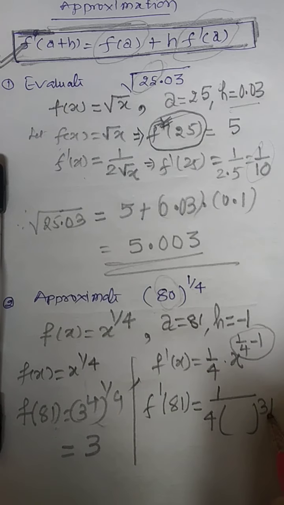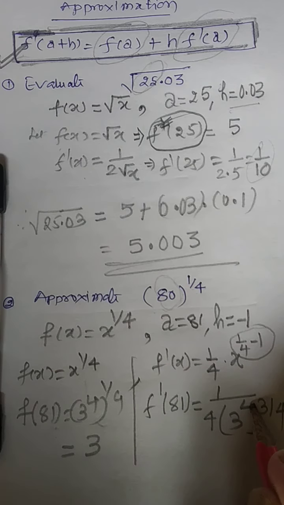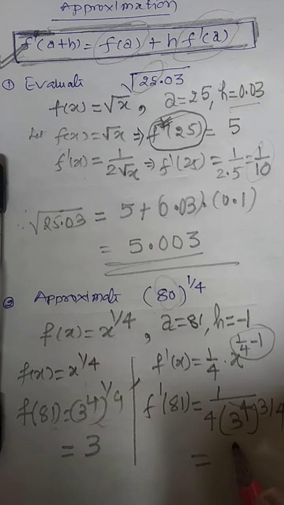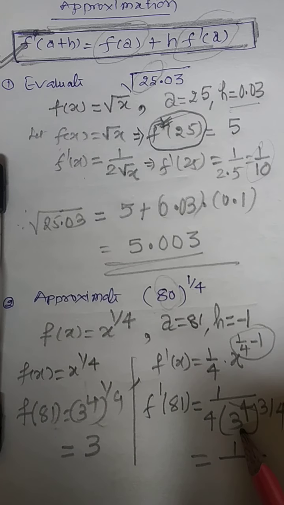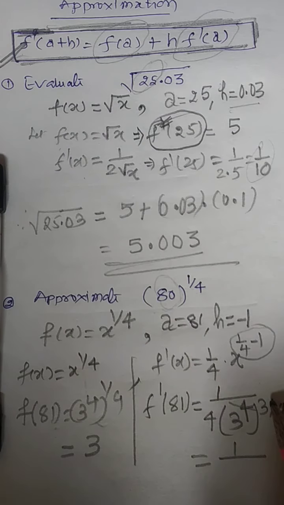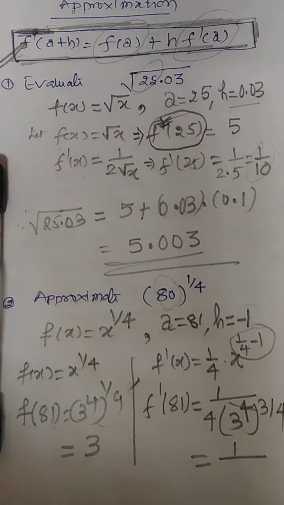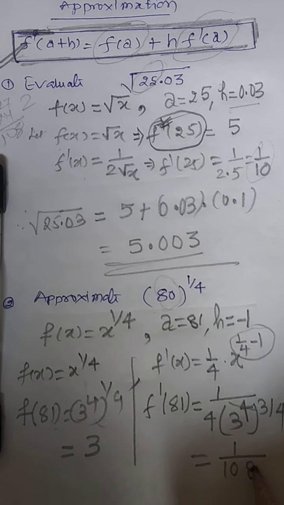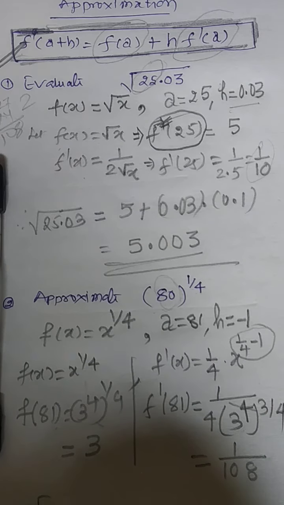So I am writing here it is 3 by 4 and this is 3 raised to power 4. Now you can simplify this and you will be getting 1 by, 3 threes are 9, 3 nines are 27, into 4, it will be 108.